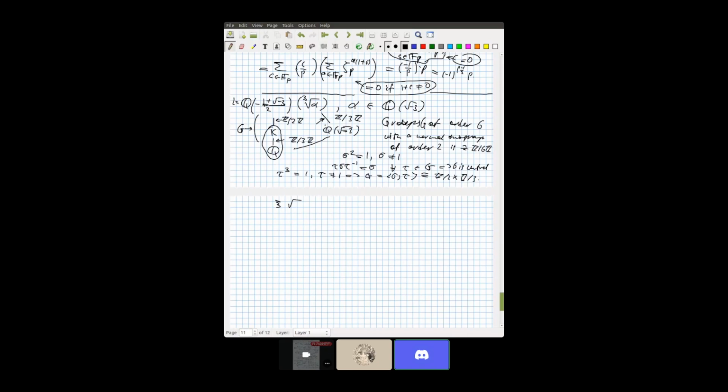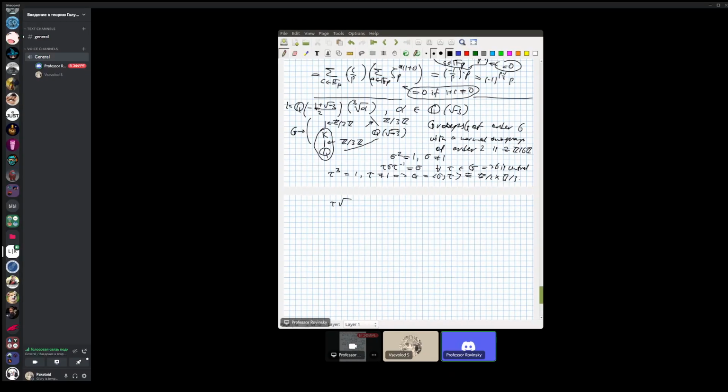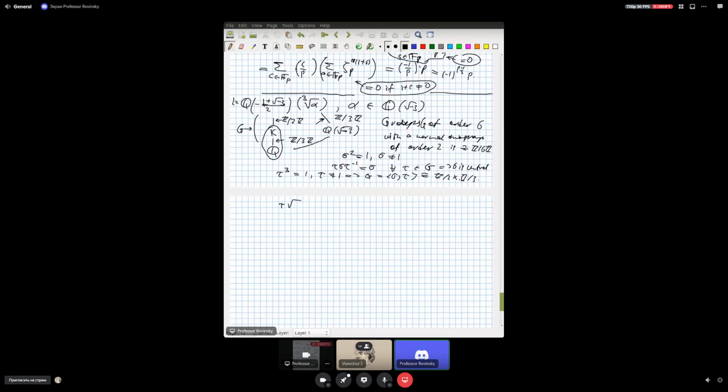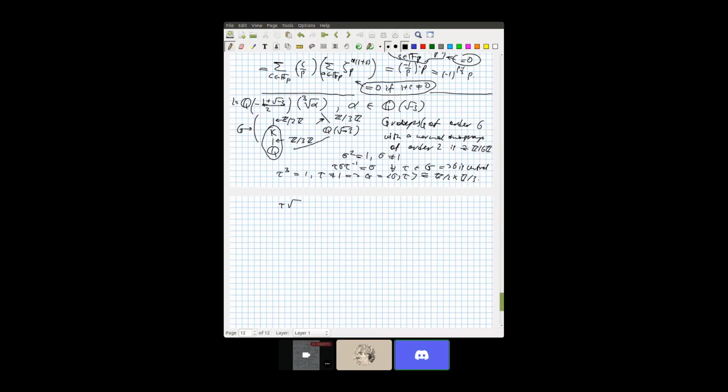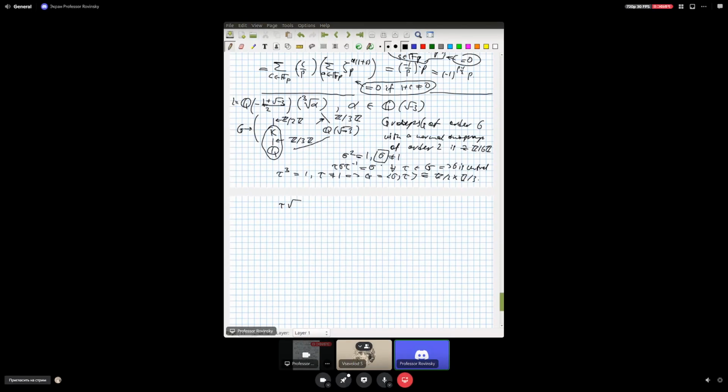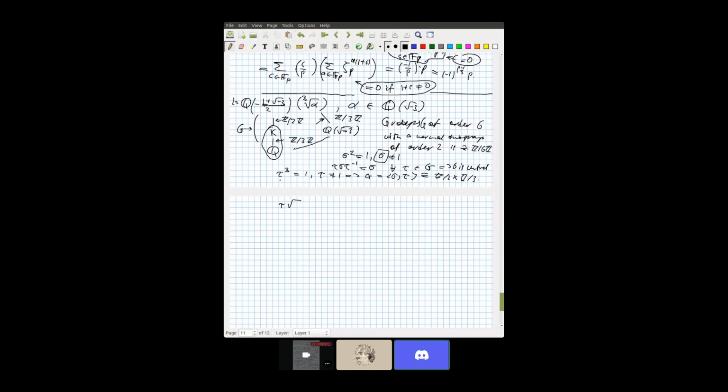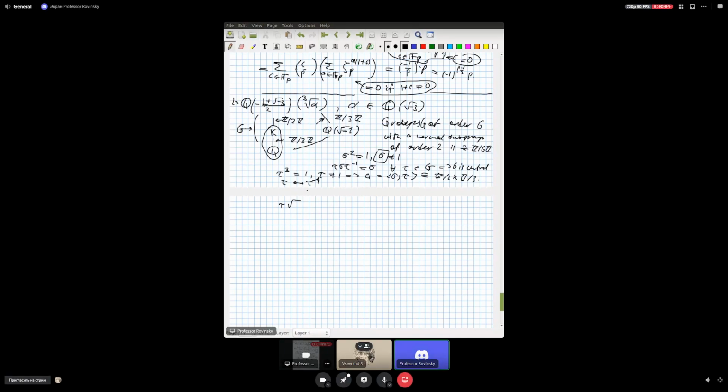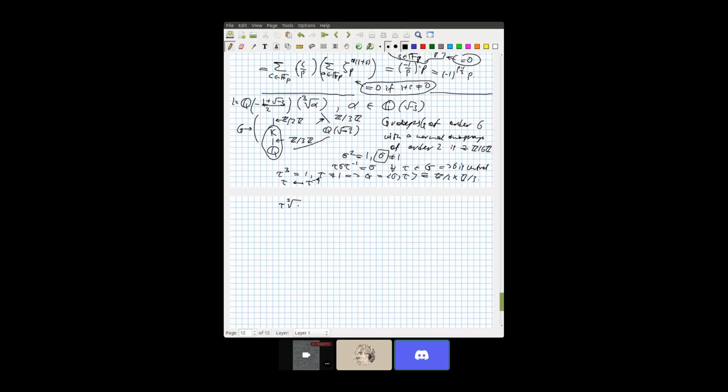Maybe we should use this, because this decomposition is actually canonical: this sigma is uniquely defined because it is the unique element of order 2, and tau is defined up to inversion. So this pair tau and tau inverse is also uniquely defined, so we can think of tau as more or less uniquely defined.